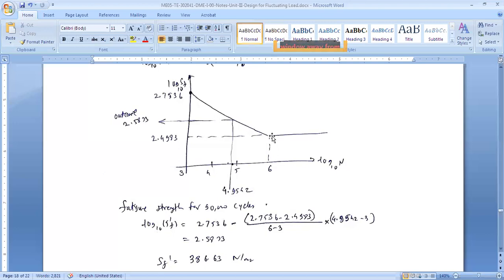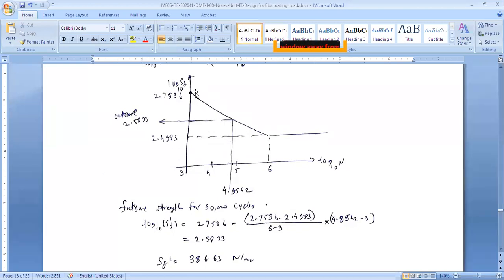y2 minus y1 upon x2 minus x1. Here y2 is 2.7536, and the other y is 2.49. Subtract those, upon x2 minus x1, which is 6 minus 3.